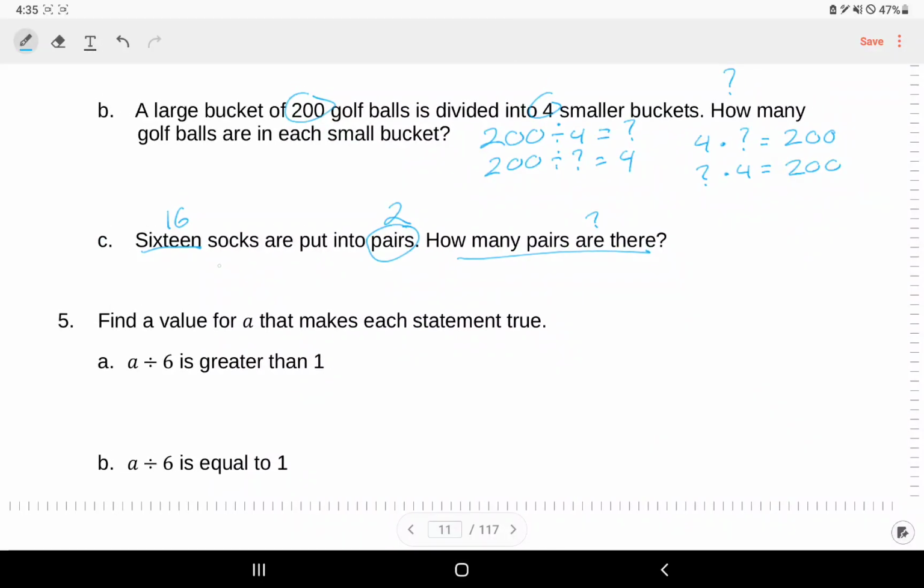So we've got 16 divided by 2 equals our unknown. 16 divided by the unknown is 2. And we've got 2 times the unknown is 16. And that's it for that.